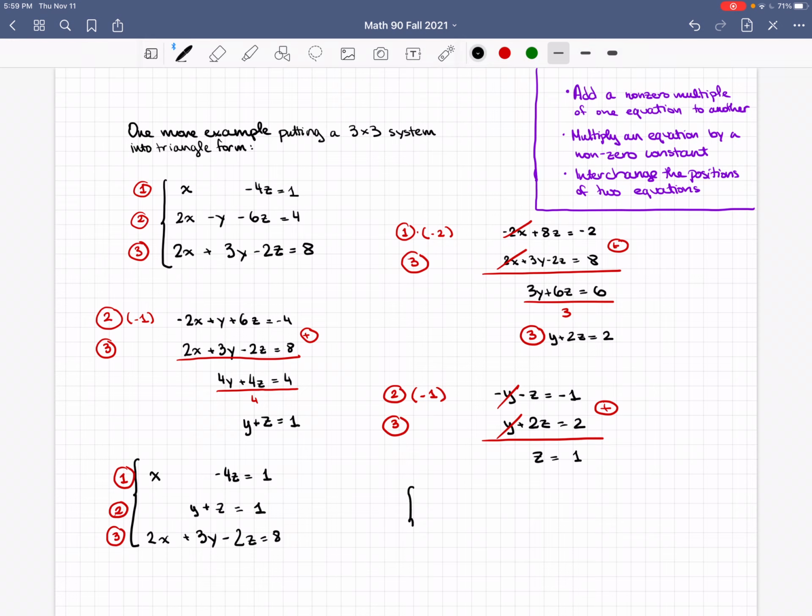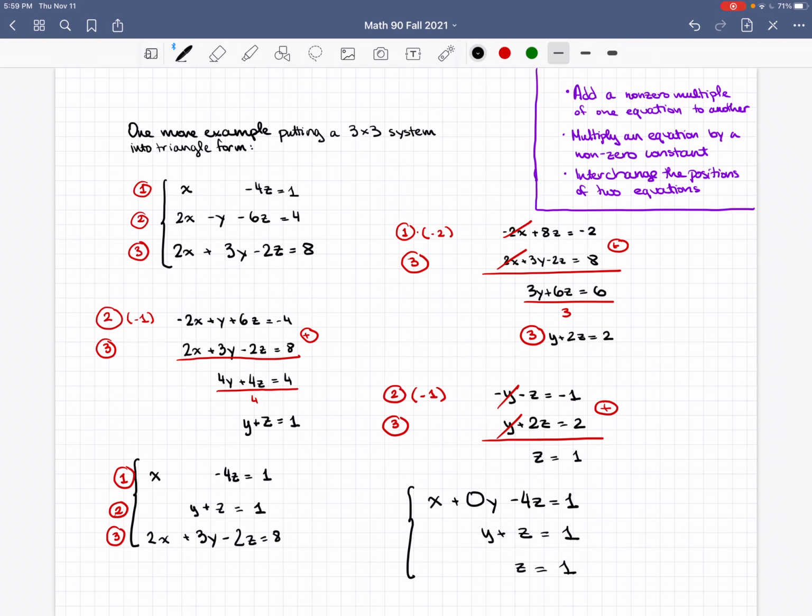So I'm going to say that my triangle form is x plus 0y minus 4z is equal to 1. y plus z is equal to 1. And z is equal to 1.